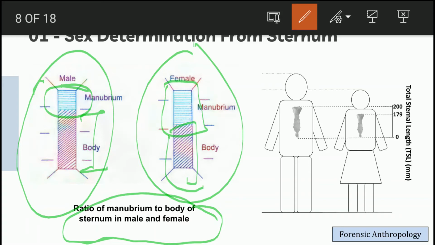Here in the figure we can see the length of the whole sternum in female and male. For comparison, the length of the whole sternum including the head and the xiphoid process is more in the male and less in the female.